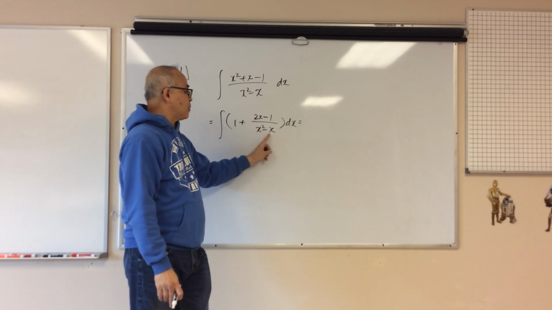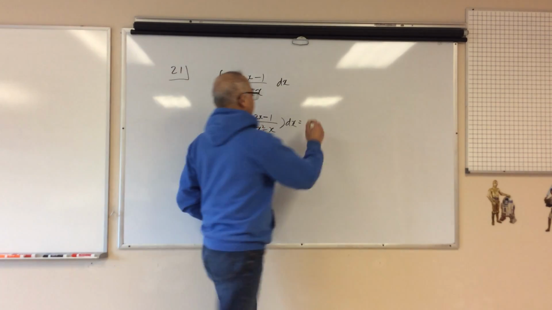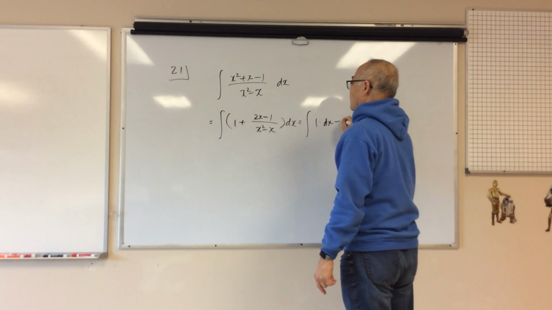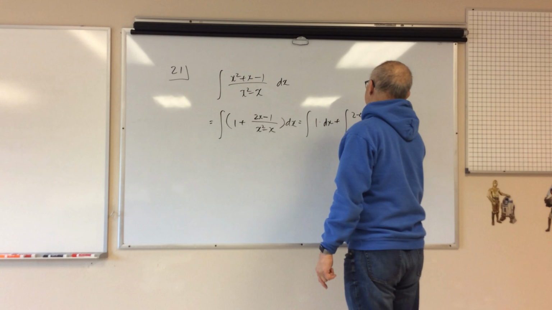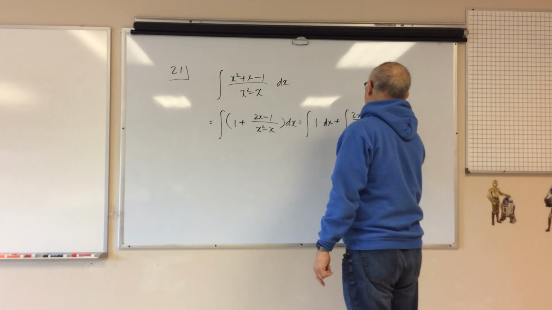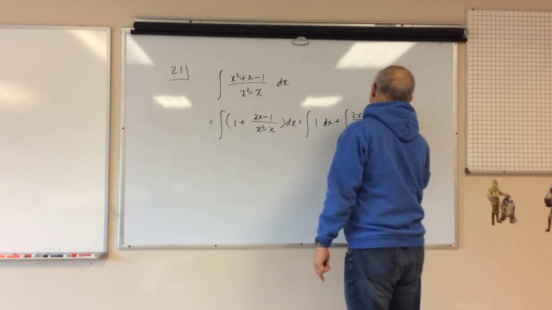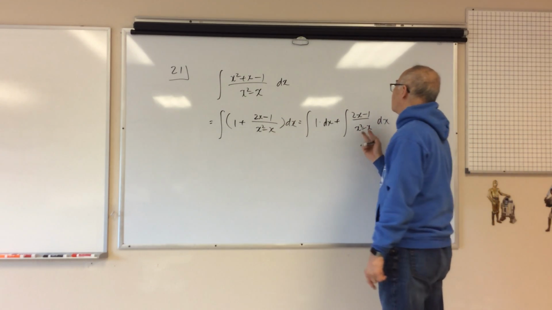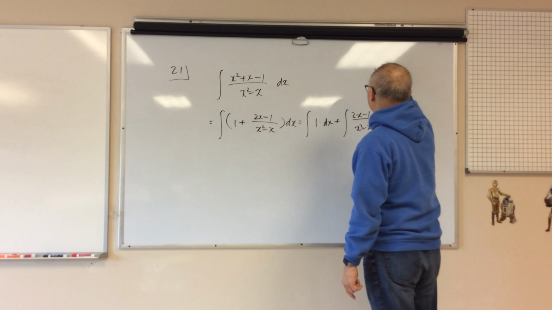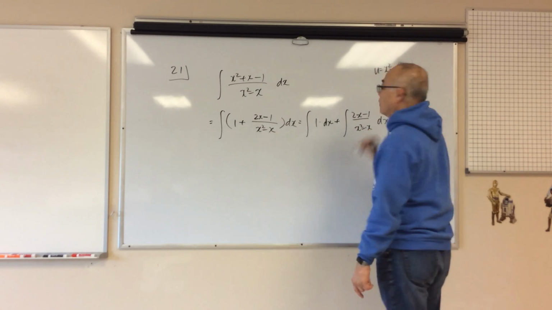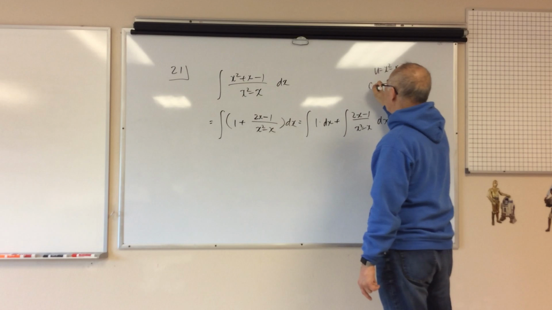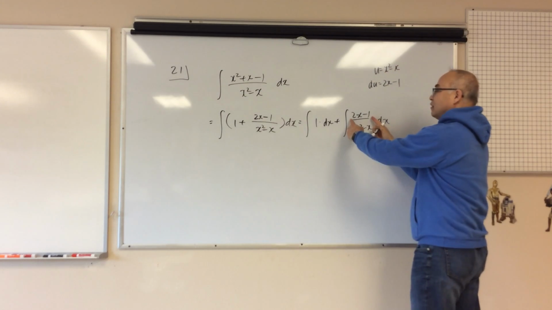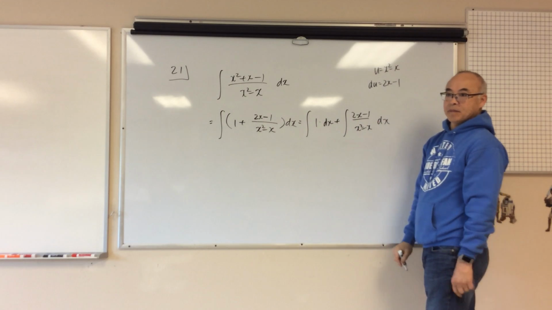If I substitute, let's make this 2x minus 1 over x squared minus x dx. You have to be able to visualize that if I substitute this guy as u, what is du? du is equal to 2x minus 1. Right there.